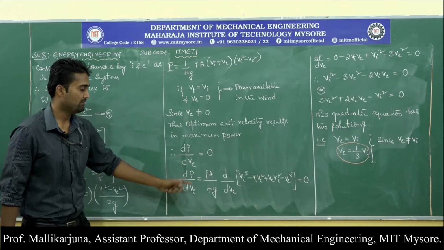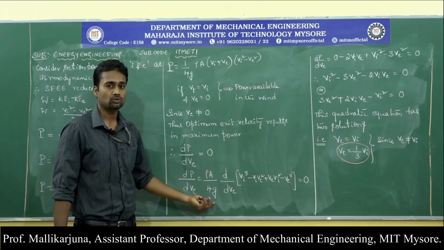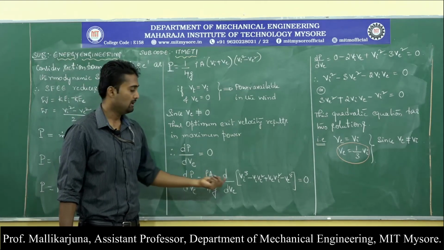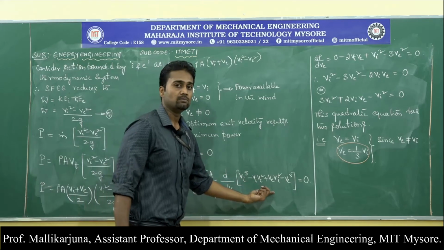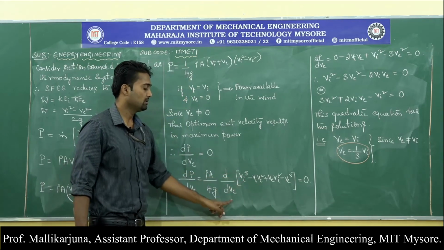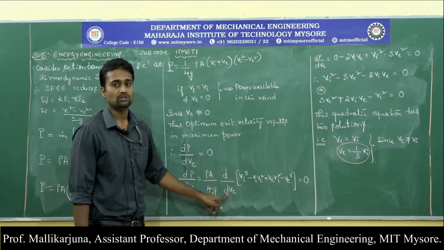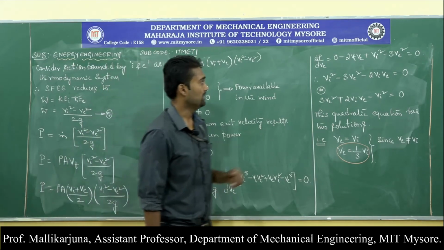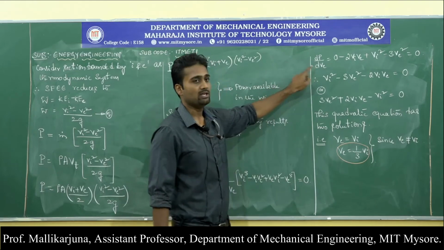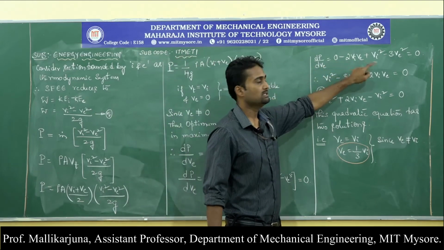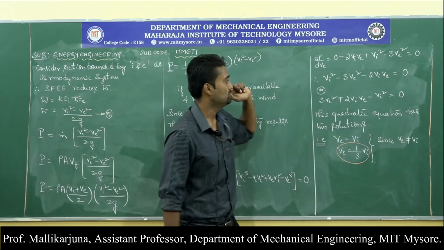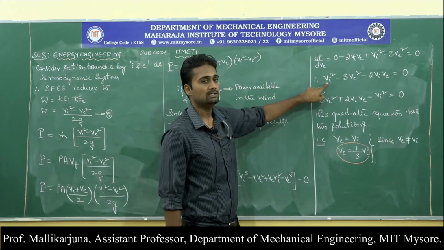So dP divided by dVe, which is equal to rho A by 4g. All these things are constant and the variables are the velocity terms. Those velocities are differentiated with respect to the exit velocity of the wind. So dP divided by dVe will be equal to this much, and then equated to 0. So I have finally got this equation.